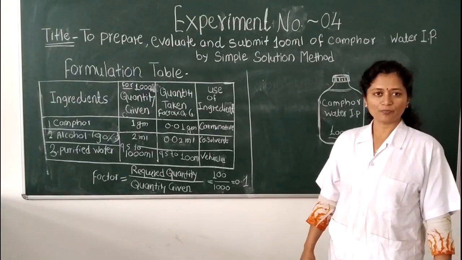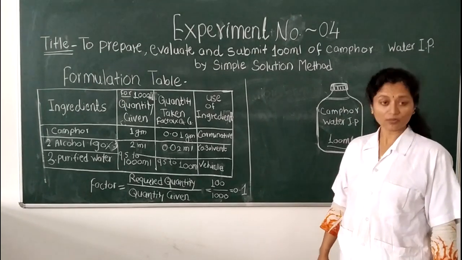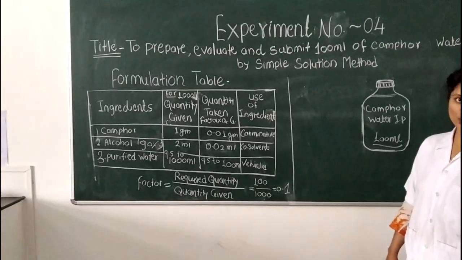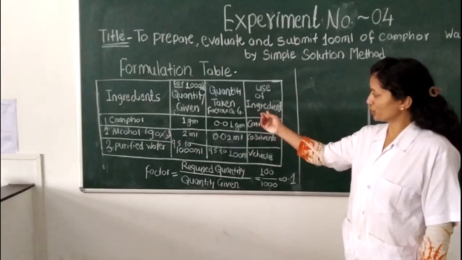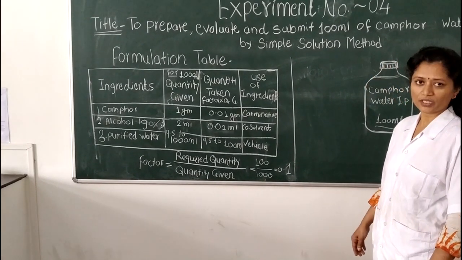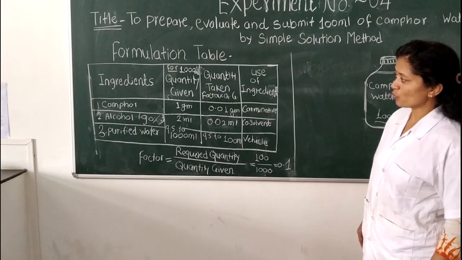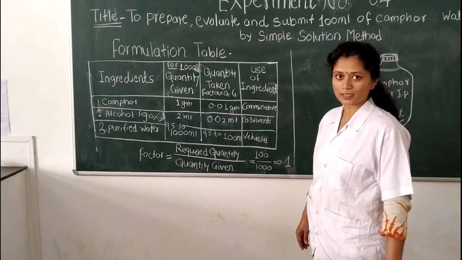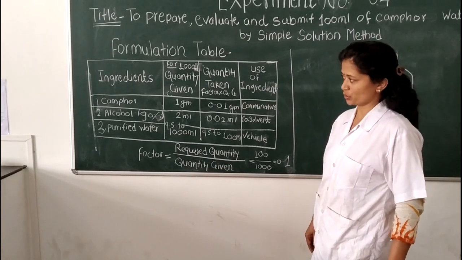For our camphor water preparation, we have to prepare a formulation table. The formulation table consists of ingredients, quantity given, quantity taken, then use of the ingredient. For preparation of camphor water, the ingredients are camphor, alcohol 90% and purified water.